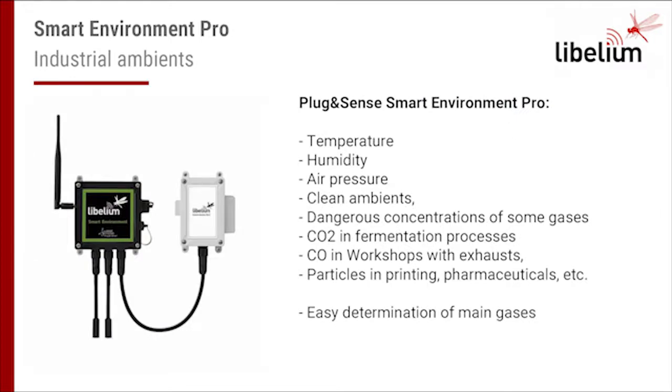So there are also a lot of good opportunities in industrial ambience. Sometimes the ambient is important for the quality of the product or even for the health of the workers.